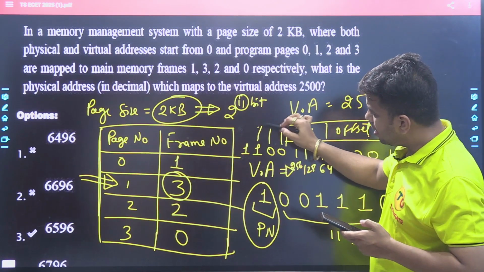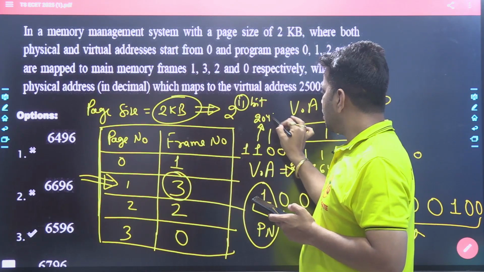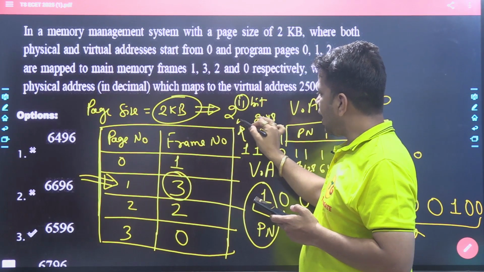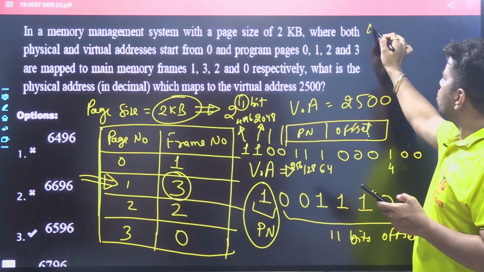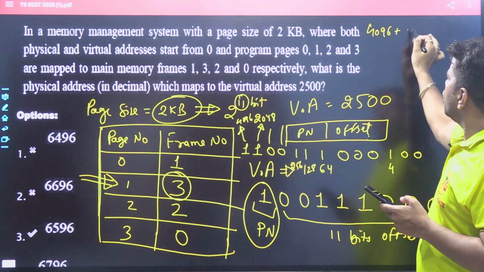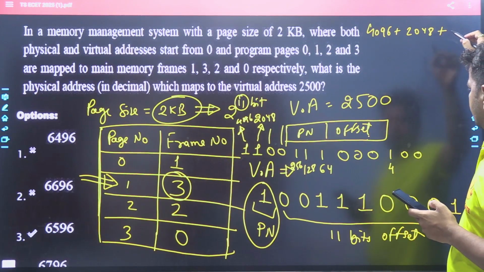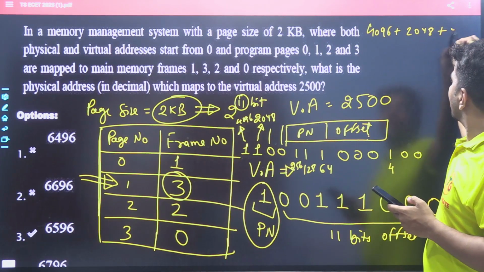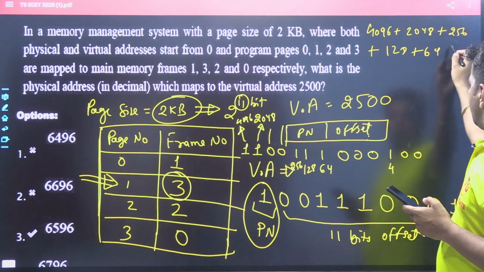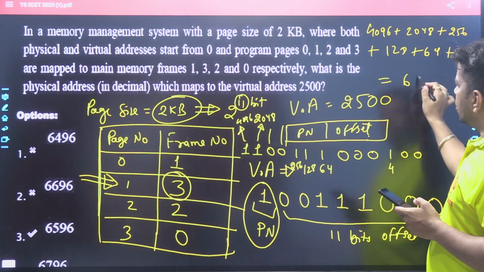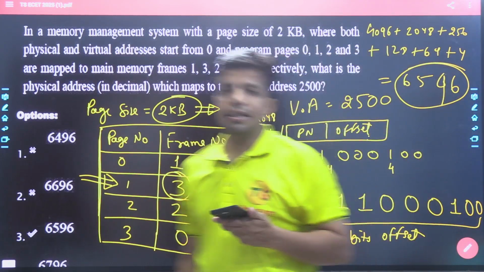This is 2 raised to 11, 2048, and this is 4096. So just take the addition of these: 4096 plus 2048 plus 256 plus 128 plus 64 plus 4. When we add, it gives you 6596. That would be your answer.